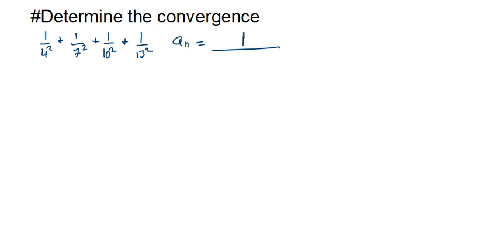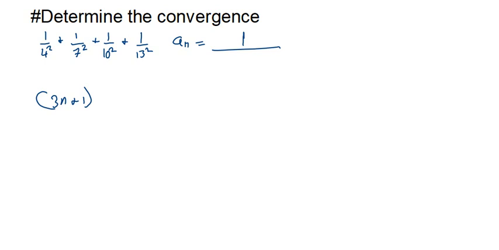On the first one I have 4 instead of 1, then on the second one I have 7 instead of 2. So this is more like 3 times n plus 1. If my n is equal to 4, I multiply by 3, that's 12 plus 1, that gives me 13. So I'm dealing with 3n plus 1 squared.